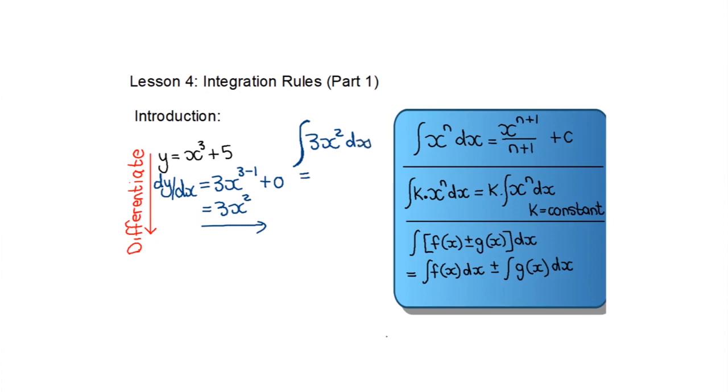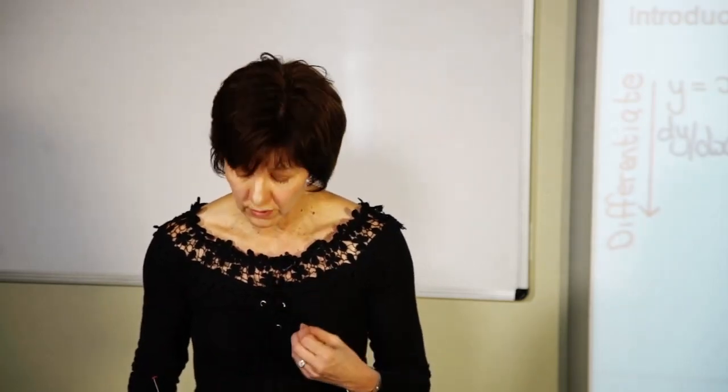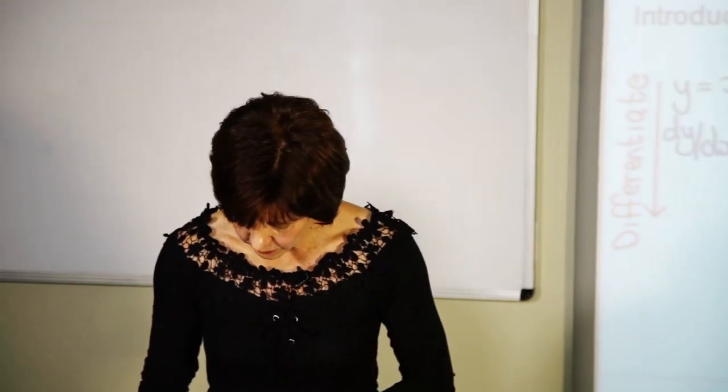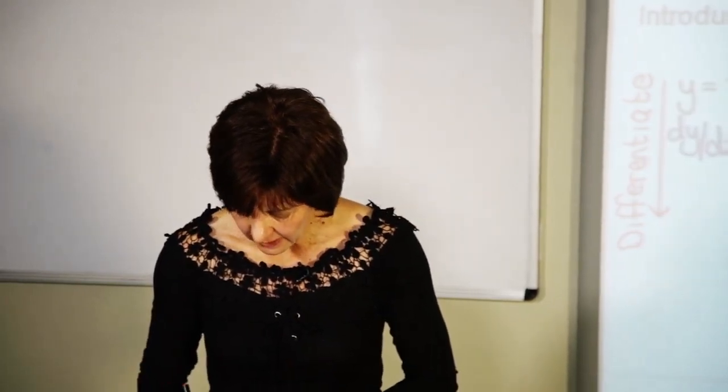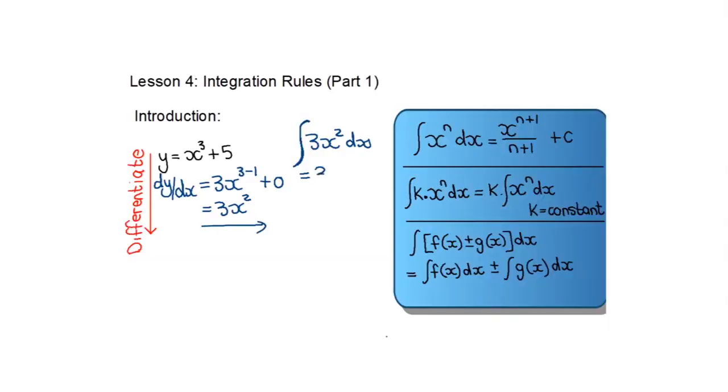The integration rule, we are going to work through it, but I'm going to basically tell you what we are going to be doing. I'm going to write down the constant, and then I write down this x to the power whatever I had. I'm going to add a 1 to the exponent of the x, and then I will divide by this new exponent, which in this case is 3.